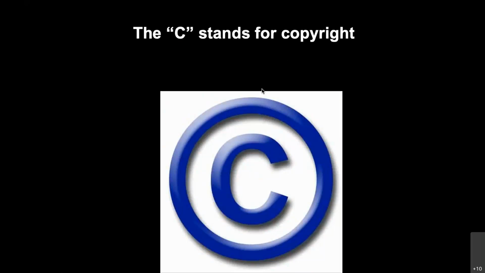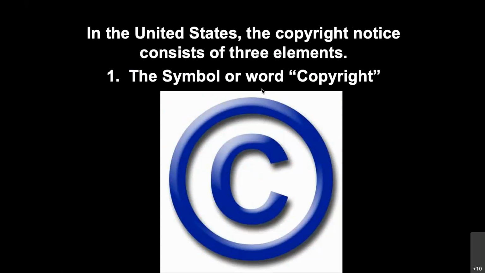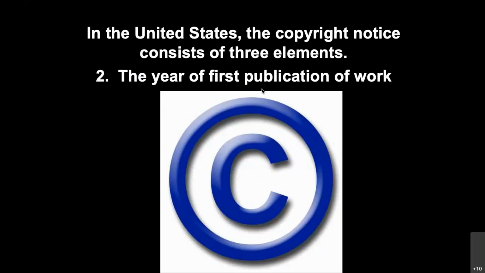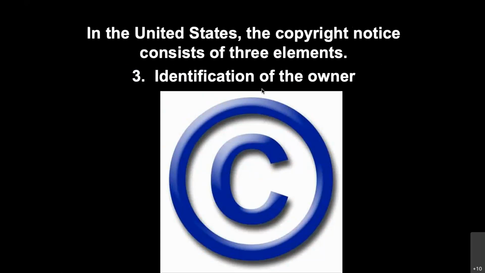The C, of course, stands for copyright. And in the United States, the copyright notice consists of three elements: the symbol or the word copyright, the year of first publication of the work, and the identification of the owner.